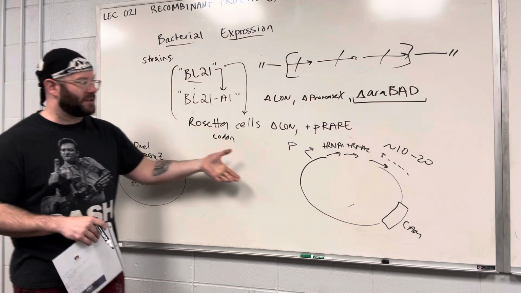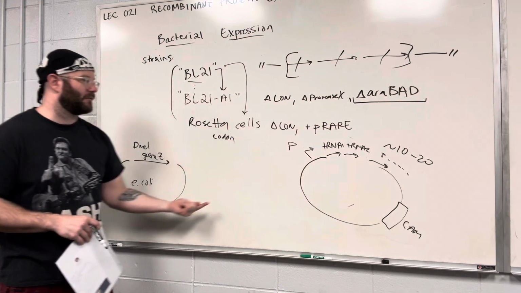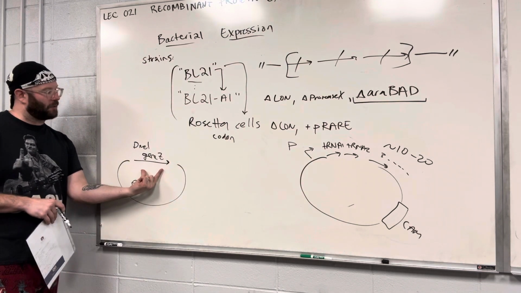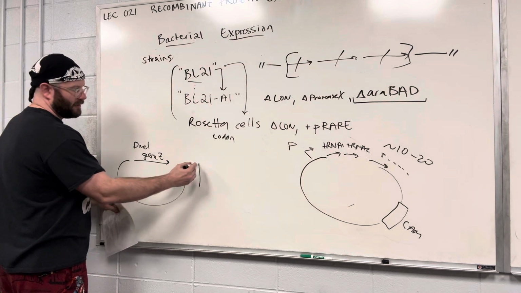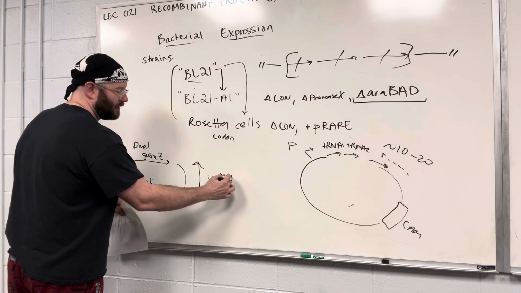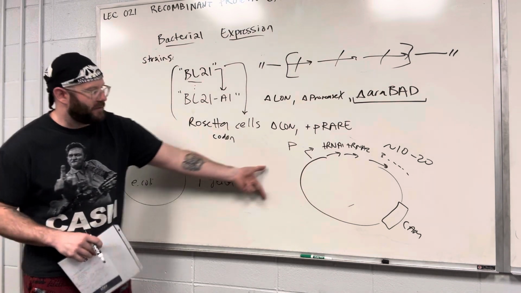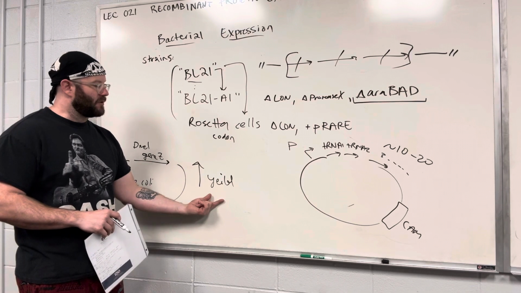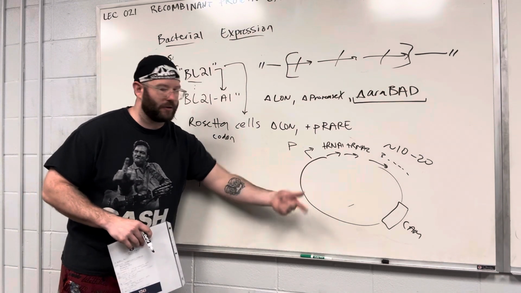So how would this help? This plasmid is coding for all the rare tRNAs that you might find coding this actual gene. So that should, in theory, boost the yield. You should get an increase in the yield of this gene Z if you're expressing it in E. coli. Without this plasmid, you will not get a high yield because the cell is constantly searching for these rare codons, okay?